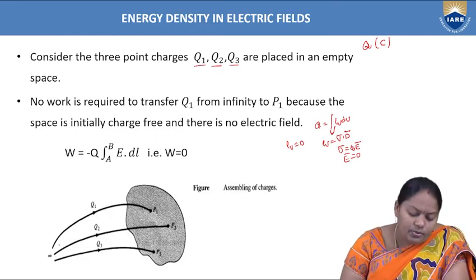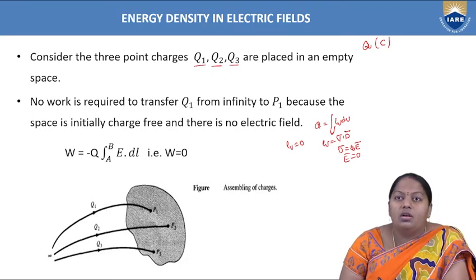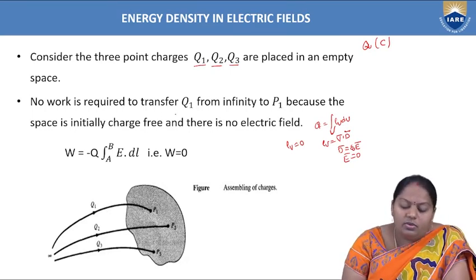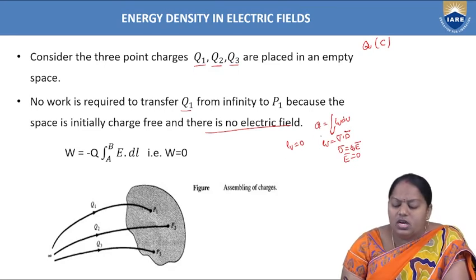Initially we have to place the charge Q1 in the particular position called P1. So no work is required to transfer Q1 from infinity to P1 because initially the space is charge free. Hence, there is no electric field. Why is there no electric field? Because it is charge free. If Q is 0, rho V is 0, then D is 0, right?